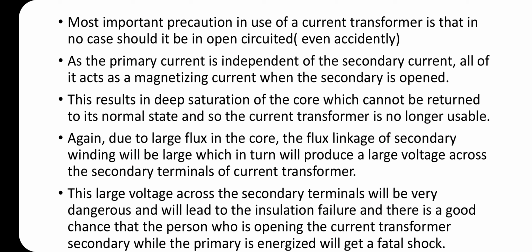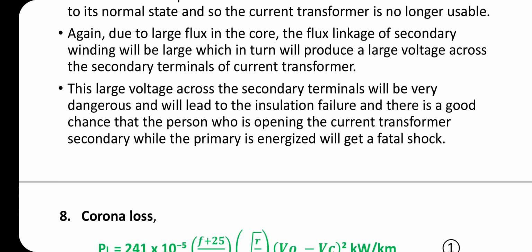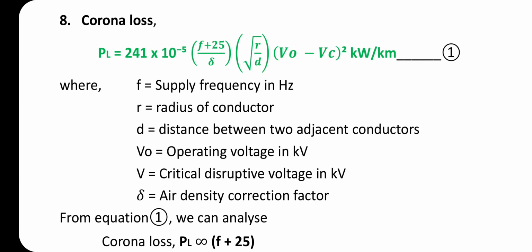Again, due to large flux in the core, the flux linkage of the secondary winding will be large, which in turn will produce a large voltage across the secondary terminals of the current transformer. This large voltage will be very dangerous and will lead to insulation failure, and there is a good chance that the person who is opening the current transformer secondary while the primary is energized will get a fatal shock.